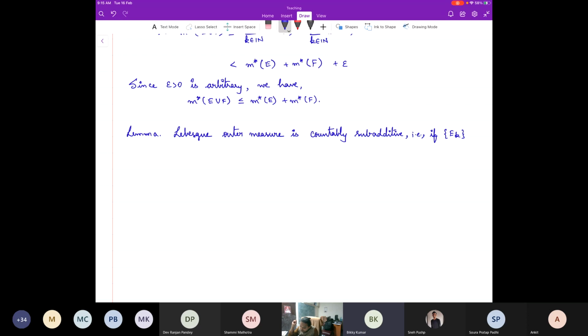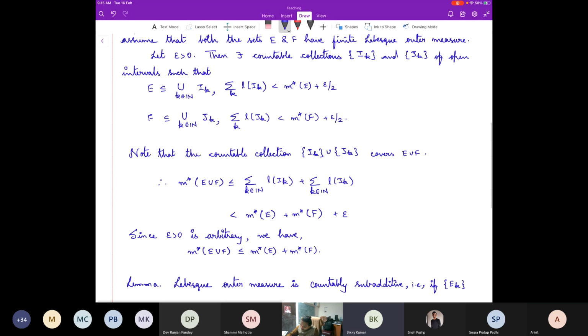Sir, my question is, suppose the set E is taken from minus infinity to 0, and set F is taken from 0 to infinity. Then in this case the outer measure of E is infinity and the outer measure of F is also infinity. Yes.